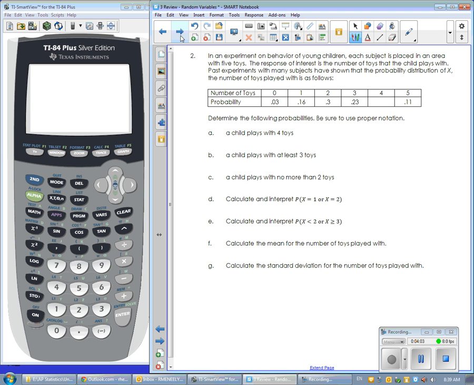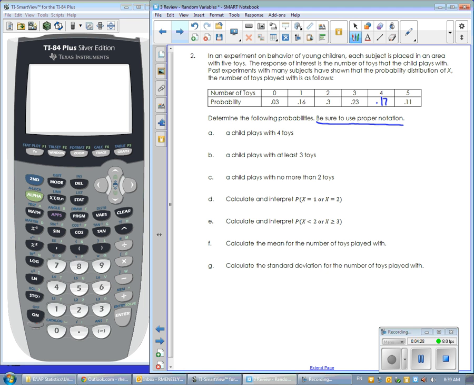In order for this to be a legitimate probability distribution, each of the individual probabilities has to be between 0 and 1, and the sum of the probabilities has to equal 1. And that means that the probability that a child plays with 4 toys is going to be 17%. And all I did is add the values in the table and subtract them from 1. So the probabilities that you're asked to calculate, make sure, again, that you're using proper notation.